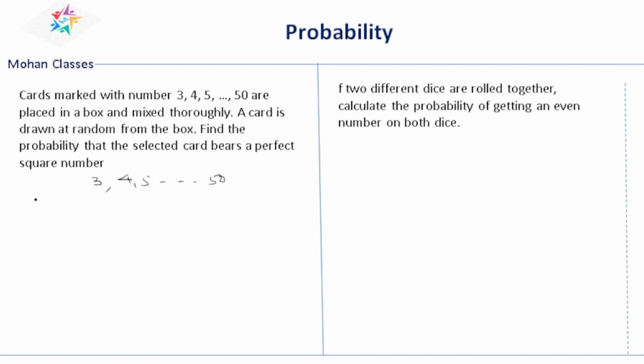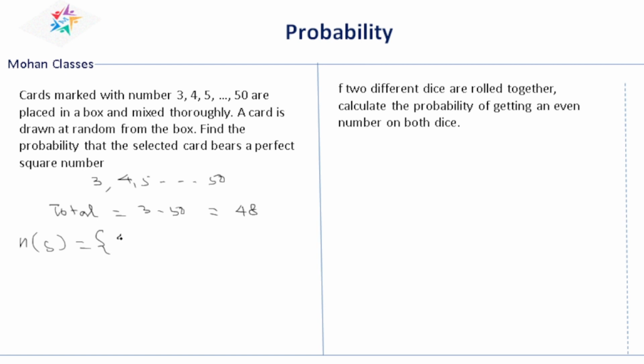Total outcomes. Total will be 3 to 50, we will get 48. Then the perfect squares from this 3 to 50. So what are all the perfect squares? This is the sample space, right?